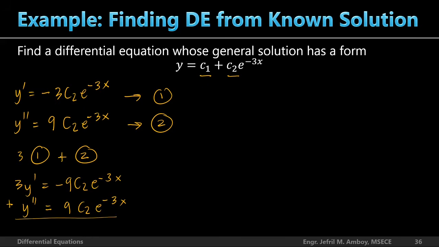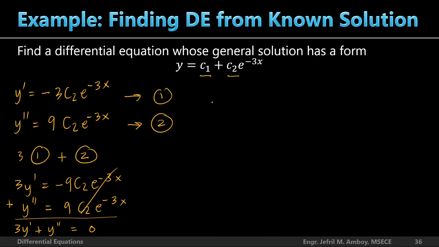So, if we add the two equations, this does not have any corresponding similar term there. So, it's just 3y prime. And then, this y double prime has no similar term above. So, we just write it as y double prime equals. Now, if I add the right-hand side of the equations, I will get, of course, 0. This term will cancel. So, I can now have my equation here.